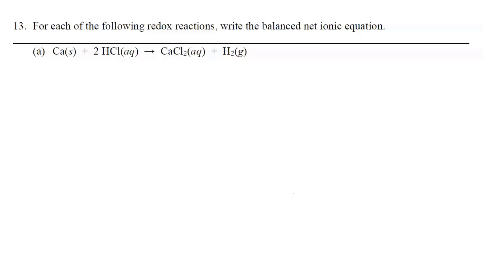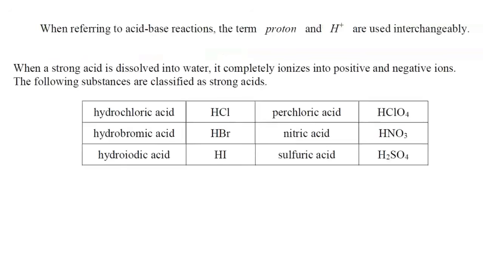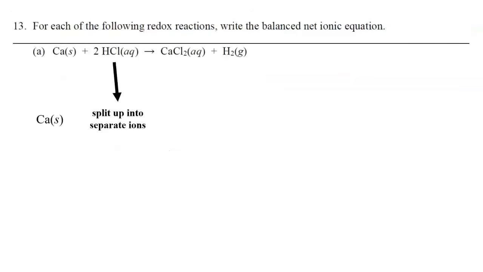Okay, let's take a look at part A. The first substance I see is calcium, but it's a solid, so we're not going to change it, just write it exactly as is. Then I see hydrochloric acid. So that is one of the 6 strong acids. So then we are going to split it up. And when we do, with the coefficient of 2, it becomes 2H+ and 2Cl-.